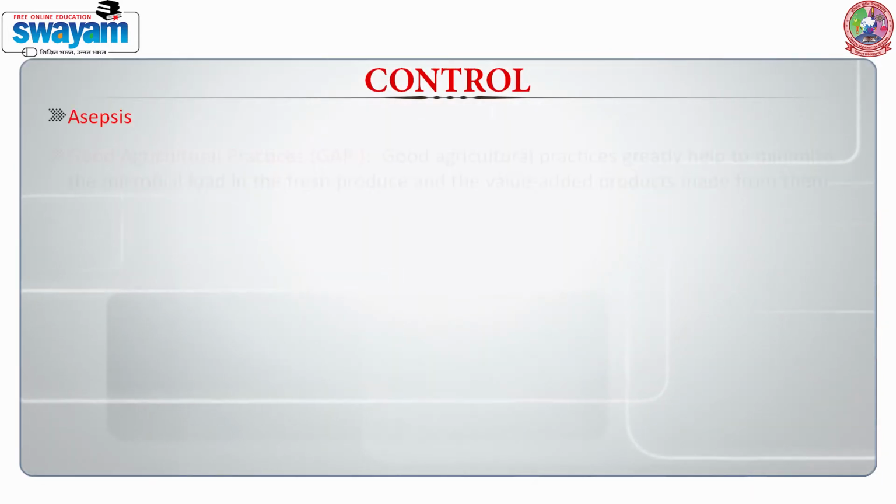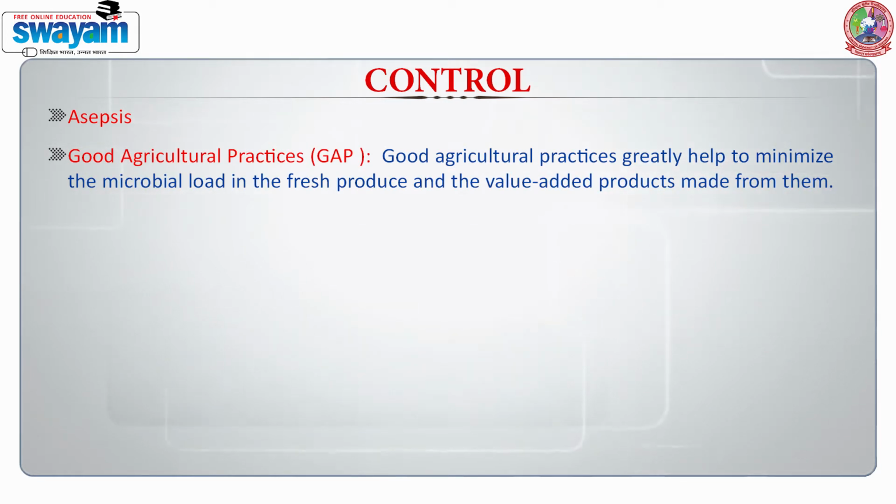After understanding that foods like fruits, vegetables and their products are spoiled by microbial growth, what should be the steps taken to control the spoilage? The first important step is asepsis, that is, to follow good agricultural practices.